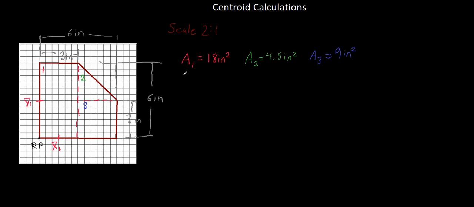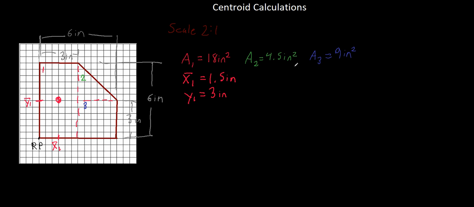So x1, or the distance from our reference point to our centroid here for our first shape. Let me go ahead and mark that as our first centroid here, this location where these two meet. That is just, well, it's 3 squares, which is 1.5 inches, because remember this is a scale of 2 to 1. And then our y distance is, of course, just 3 inches from our reference point.